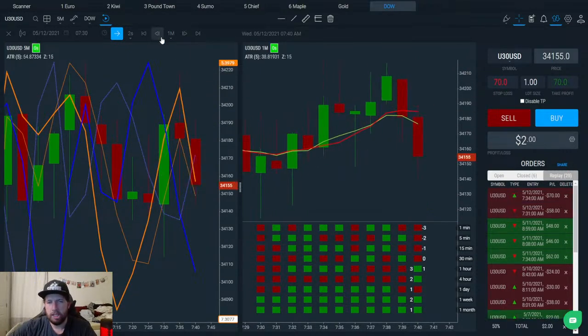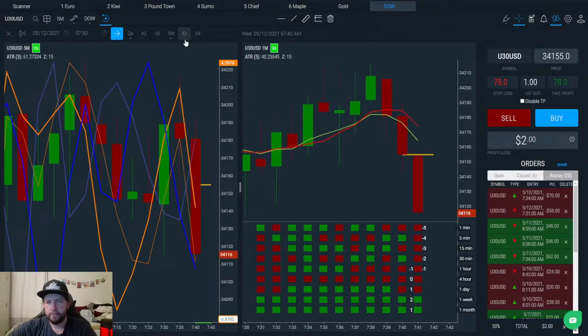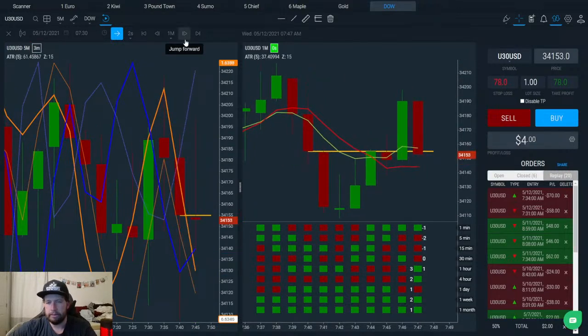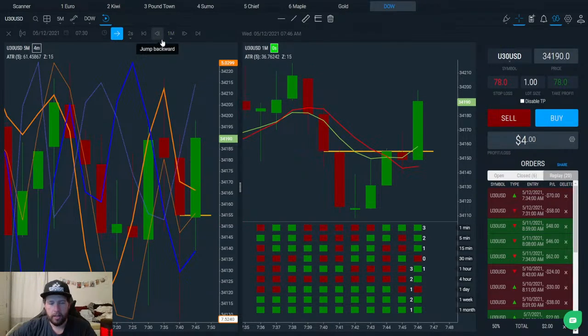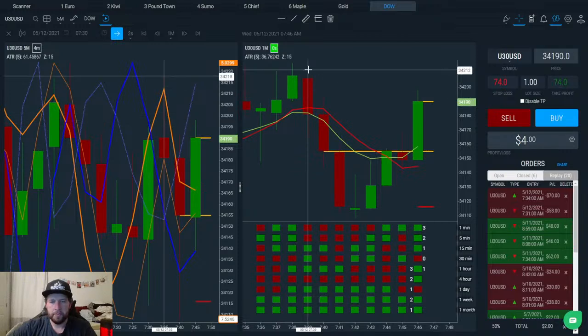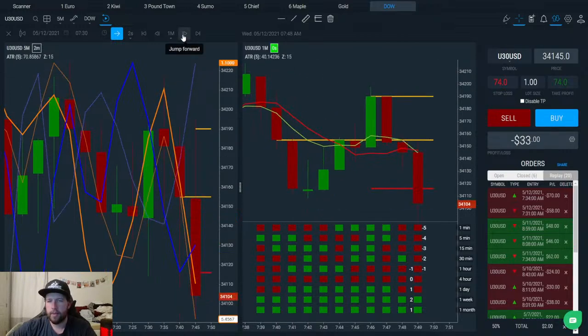Oh, yuck. This price action is ugly. Another sell signal. It's actually a buy signal right there. Market will make up its mind eventually, and there's another sell signal as our buy loses.